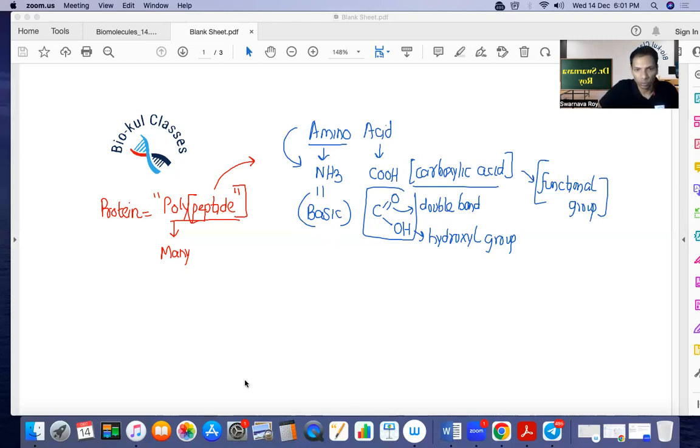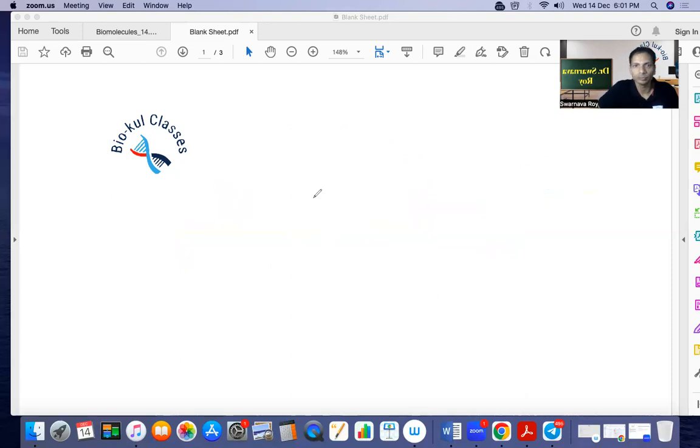So what is an amino acid? How does an amino acid structure look like? An amino acid is made up of a central carbon. This carbon is called the alpha carbon.